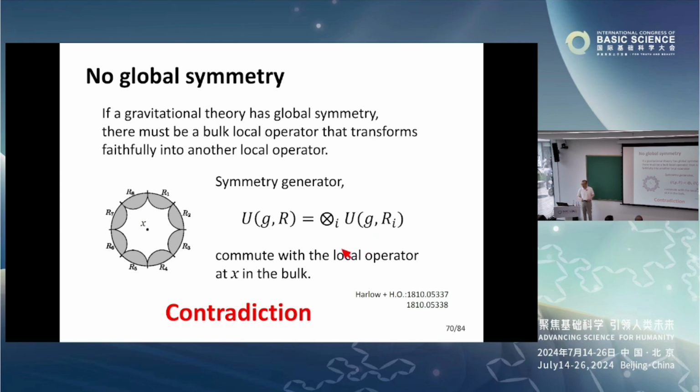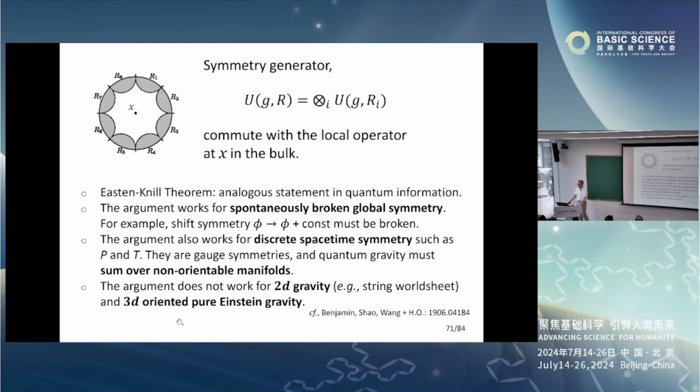So, for example, it does not change the entanglement between this region and this region. That is basically the reason why this unitary operator cannot have a non-trivial commutation relation with the operator in the bulk over here, because it cannot change the entanglement property of the corresponding boundary state. So this is sort of the derivation.